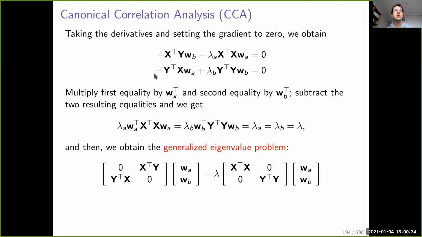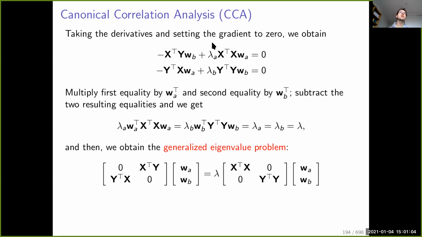It turns out that if I subtract the two resulting equalities, I get that lambda A times this variance term is equal to lambda B times this variance term with respect to B. And remember that at the solution, these variance terms are equal to 1, which means that lambda A is necessarily equal to lambda B. So I can call that lambda.